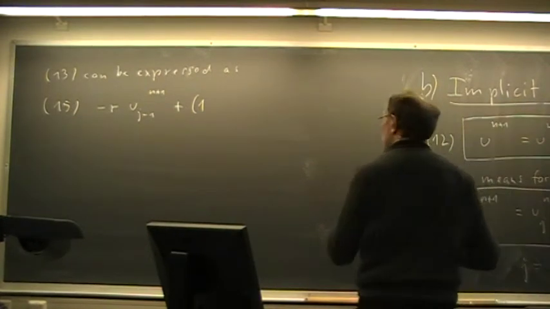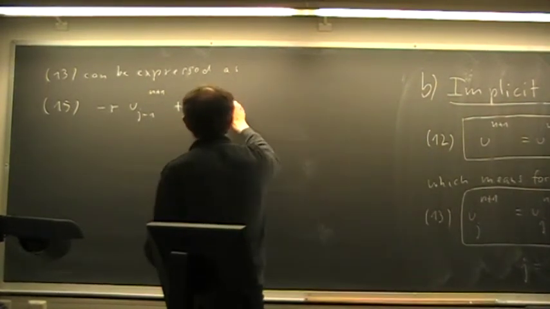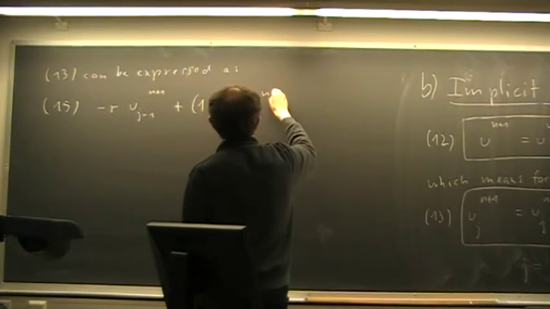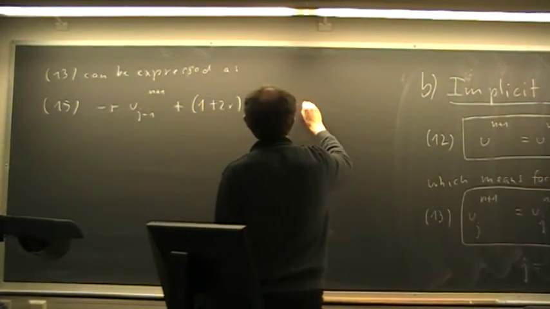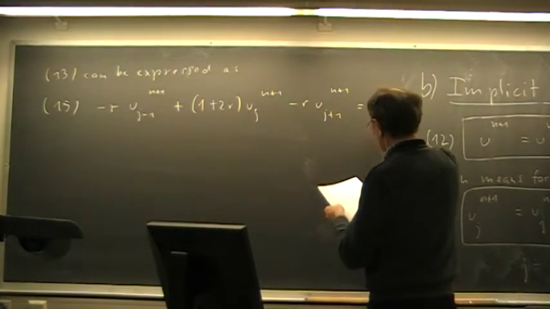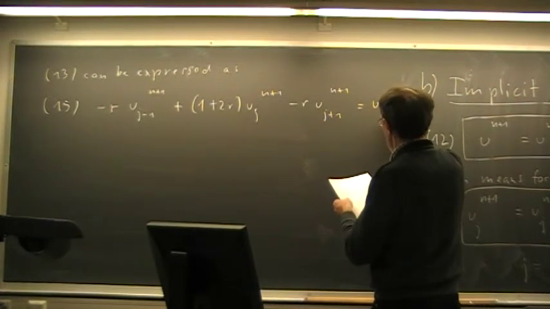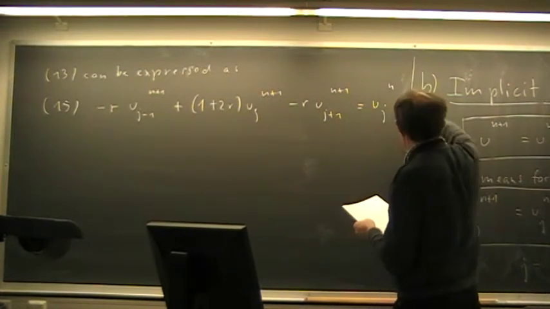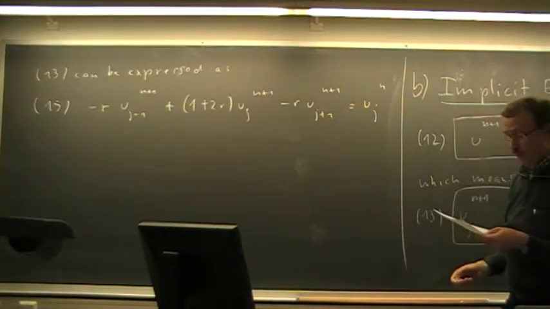Then take that on the left-hand side: u_j^{n+1} minus r u_{j+1}^{n+1} is equal to u_j^n. And that is true for all the grid points.